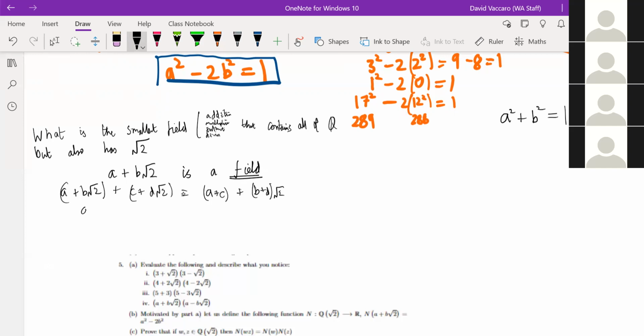Subtraction is easy. Multiplication, it's definitely closed under multiplication. Again, like complex numbers, most of the parts of the brackets are relatively boring. You get an AC, you get a BD root 2, you get a BC root 2. The exciting one is when the root 2 hits the root 2.